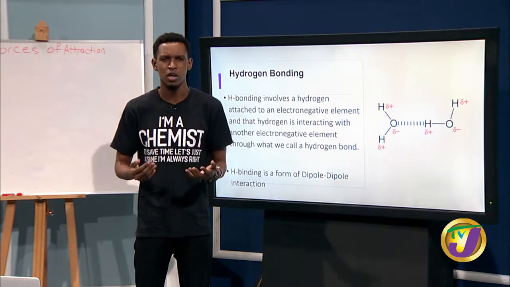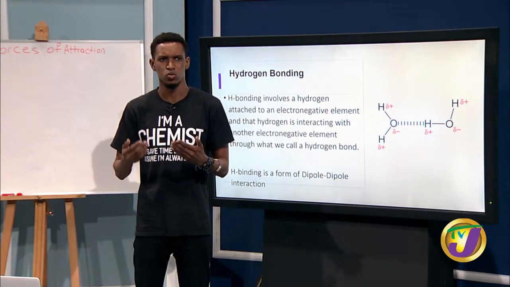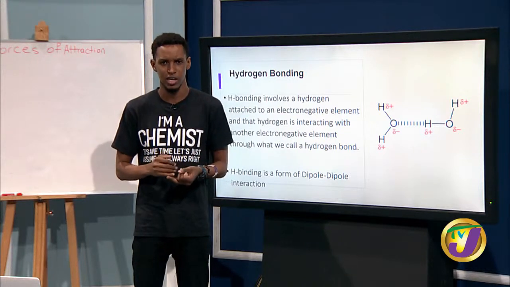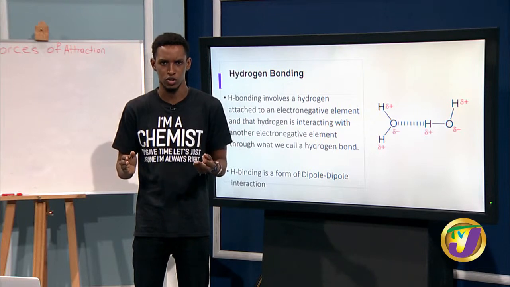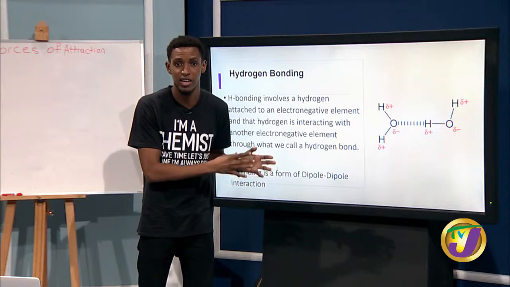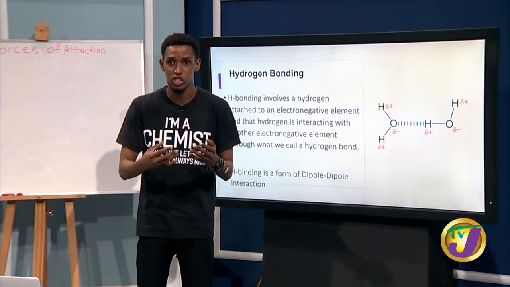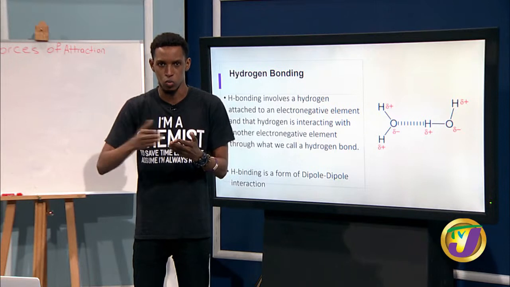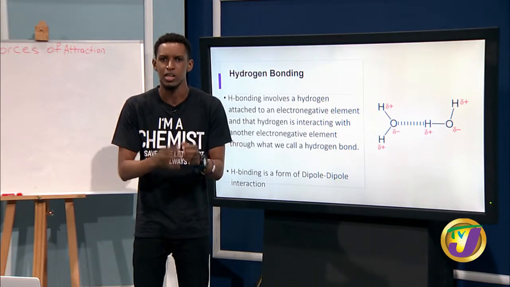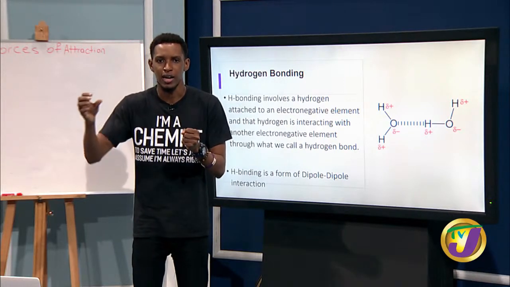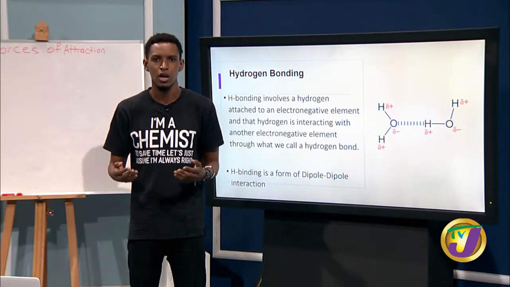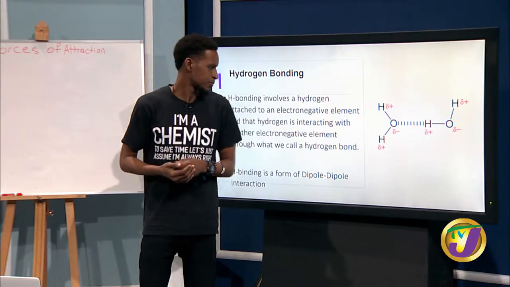Hydrogen bonds don't only take place with water molecules. You have hydrogen bonding in DNA, in proteins and other molecules. It just needs a hydrogen bonded to an electronegative element, and that hydrogen should be interacting with another electronegative element. Since the hydrogen is positive, it would be interacting with a negatively charged element, a non-metal. So that is the concept of a hydrogen bond.